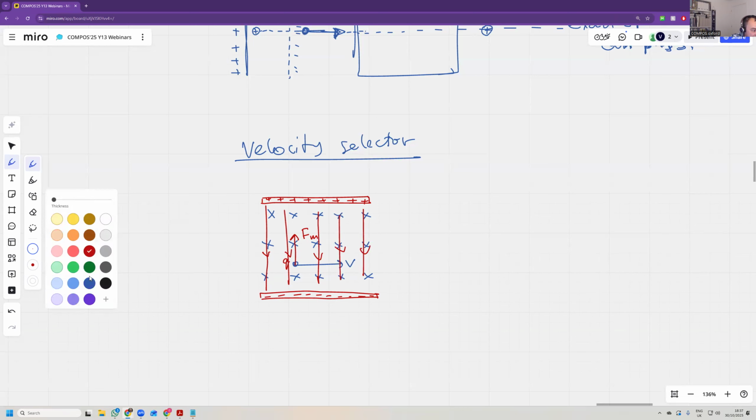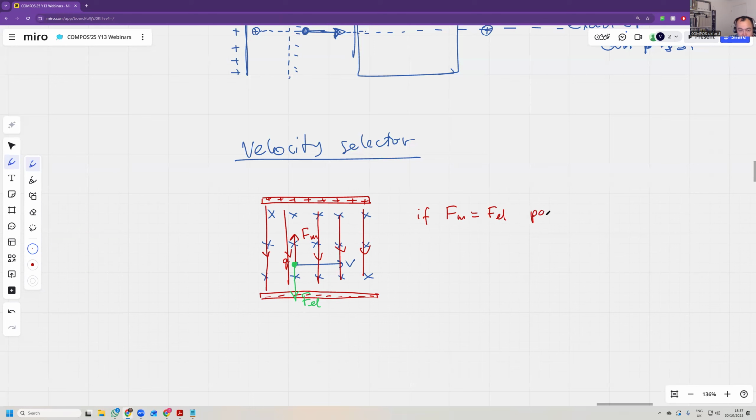So the particle also experiences an electric force going downwards. If the magnetic force is equal to the electric force, the particle goes in a straight line.